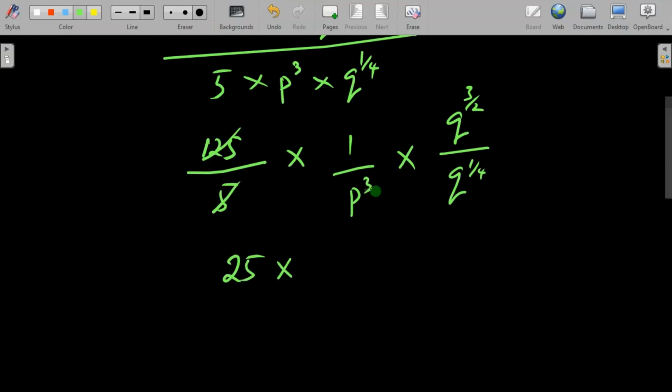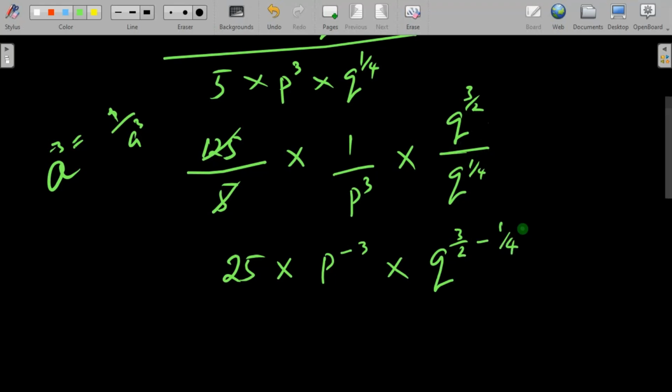Then I will obey a law called the fractional index law in indices. If I have a raised to the power negative 3, this can be written as 1 over a to the power of 3. So this 1 over p cube, I can say it is p raised to the power negative 3. Multiply. Here I will apply the division law of indices because this is division, so I'm going to subtract the powers. Here will give me q raised to the power 3 over 2 minus 1 over 4.